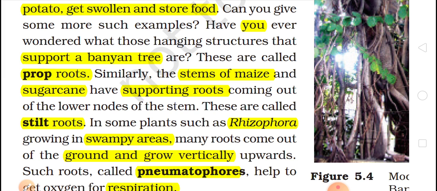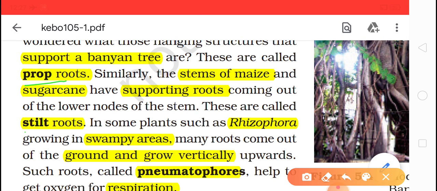Supporting roots are of two types: prop roots and stilt roots. Prop roots are found in the stem of maize and sugarcane, and they provide support to these plants.